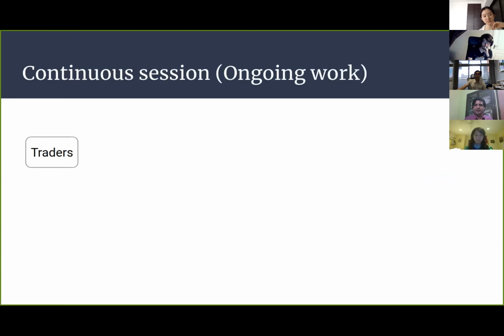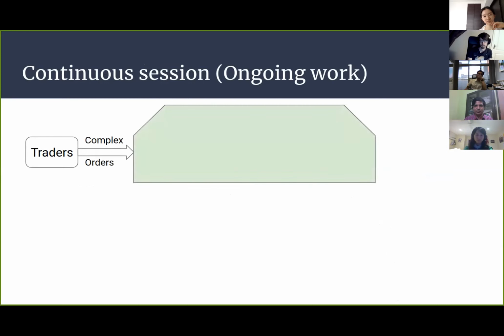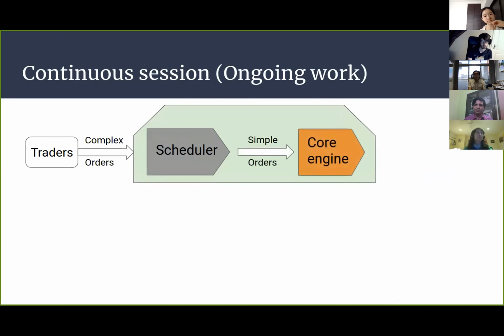For the continuous session, as I said, the theory is not known. So the first thing we do is try to see what the issue is. The reason is that traders can place complex order types, and these order types depend on the stock exchange. The New York Stock Exchange follows different order types, and the Bombay Stock Exchange follows different types. So we break the problem into two parts.